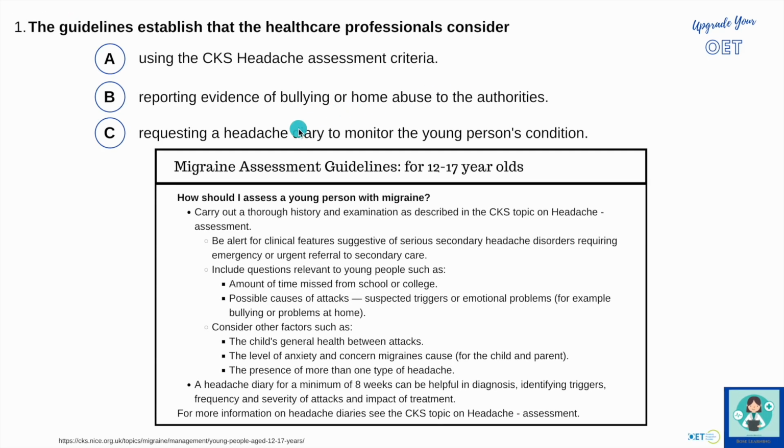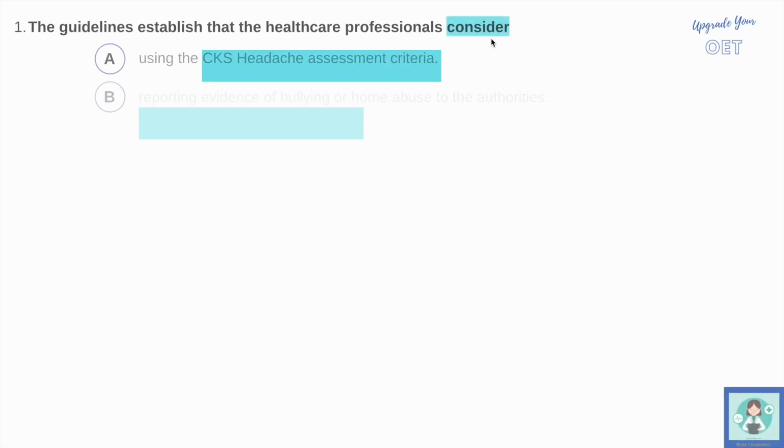After I've read what the topic is, I then go to the question. The guidelines establish that the healthcare professionals consider. So we need something that the healthcare professionals consider.